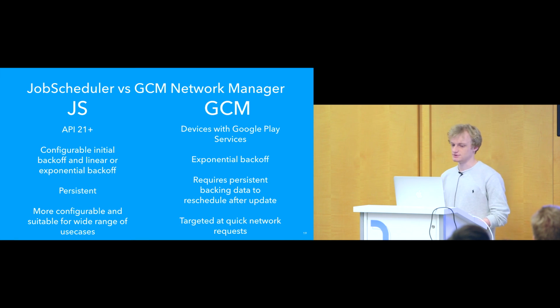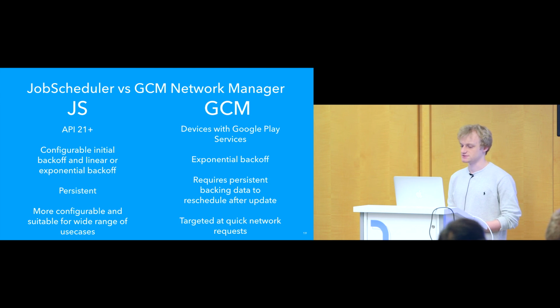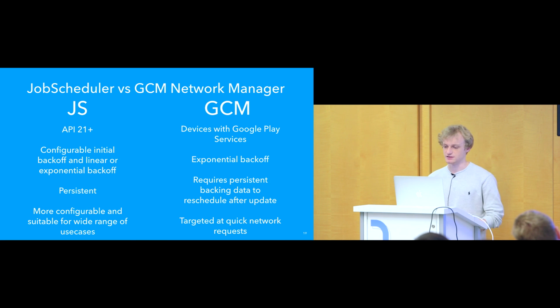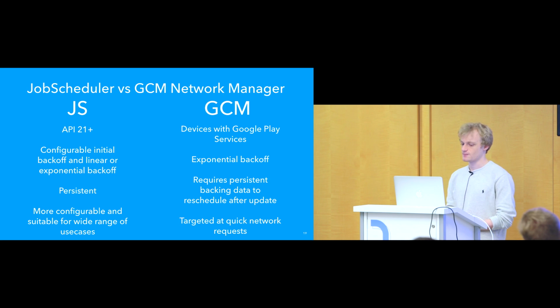All right, so some of the differences here in JobScheduler versus GCM Network Manager. Obviously, the limitation of JobScheduler is that it's only on Lollipop and above. The limitation of GCM is that it's only on devices with Google Play Services. There are configuration differences.